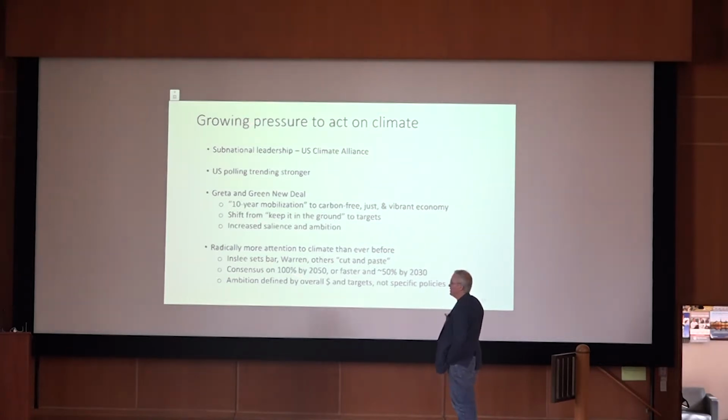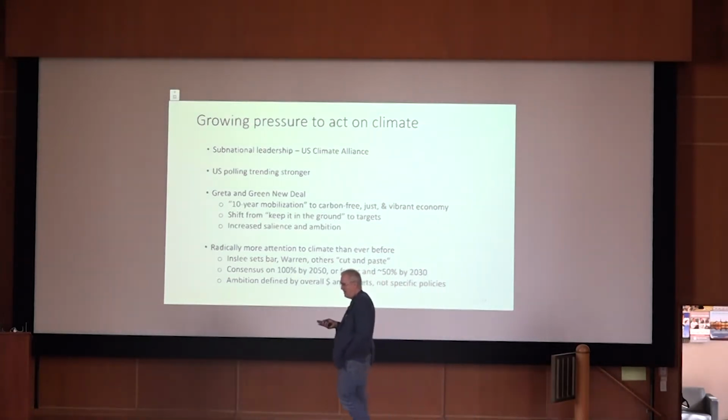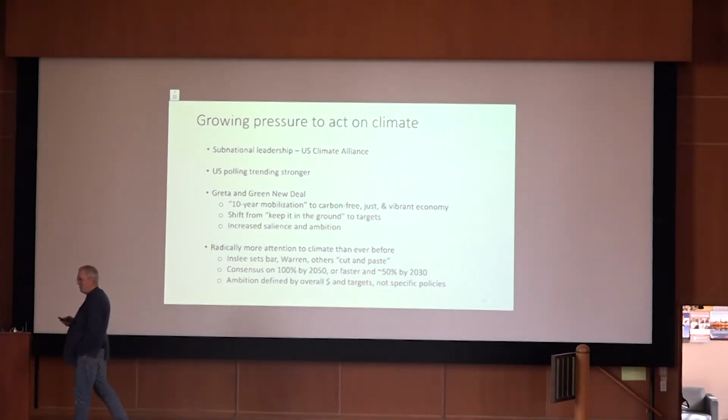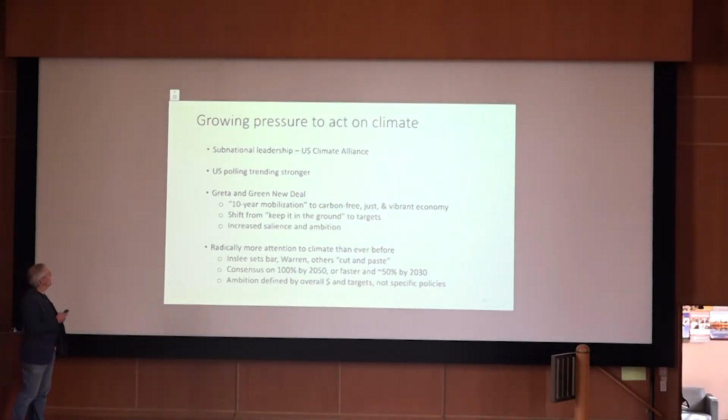This slide is actually one that the guy who formulated the Climate Action Plan and the Clean Power Plan for the Obama administration put together. And this is his explanation for why it's changed all of a sudden. First is that there has been subnational leadership. So many states and cities and companies are taking unilateral action, okay?